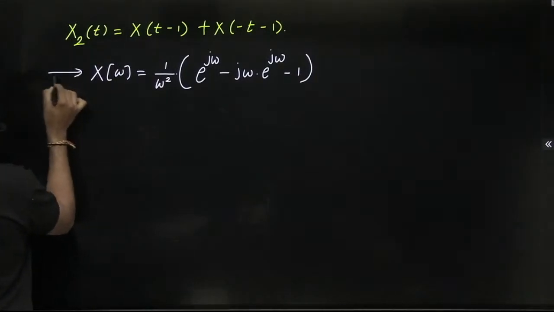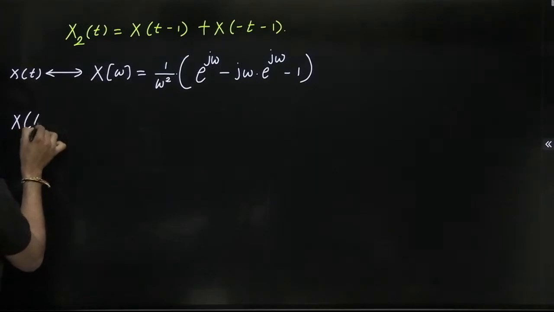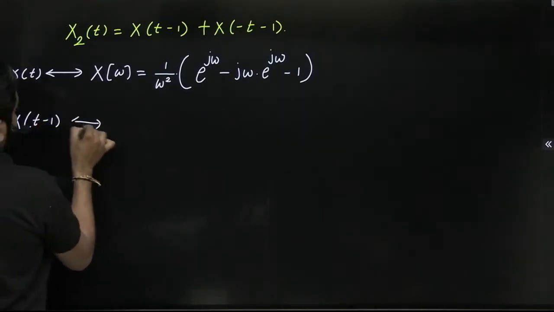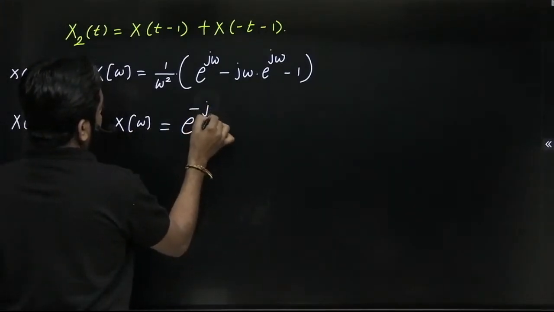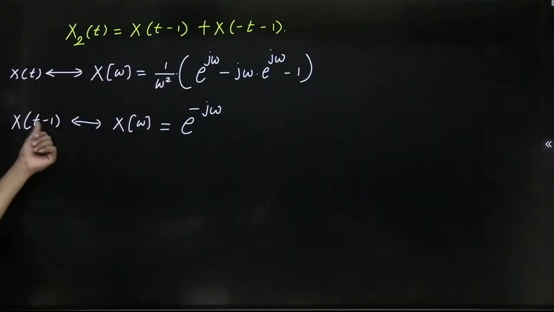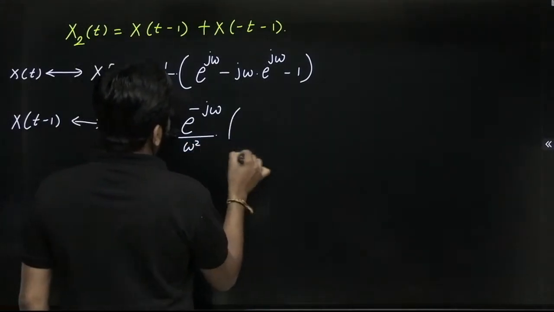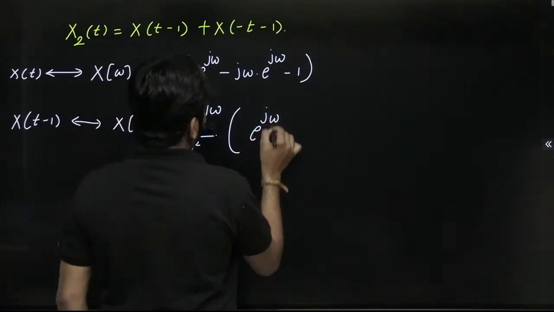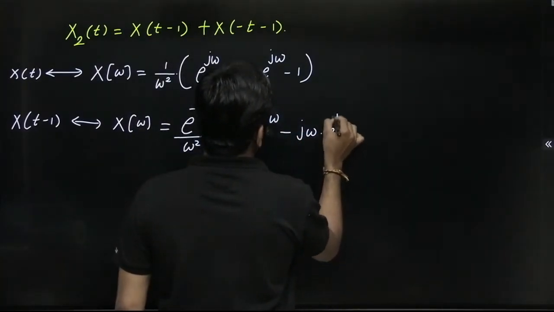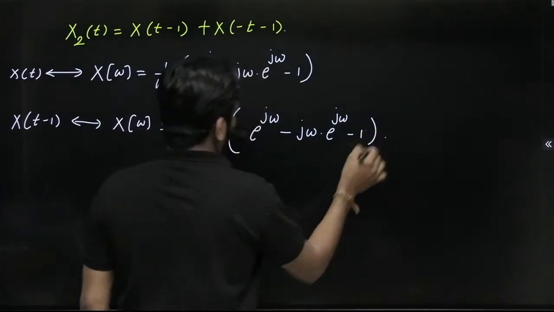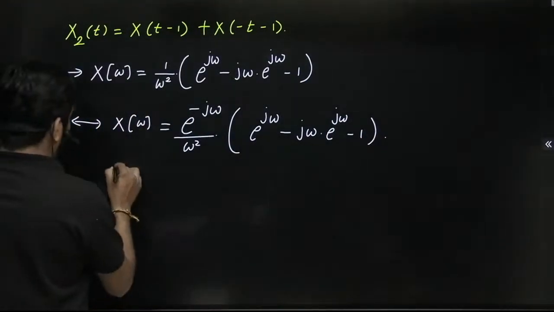It is the Fourier transform of x of t. Then what is the Fourier transform of x of t minus 1? So simply you have to multiply e power minus j omega, time shifting property, because of minus 1. So e power minus j omega divided by omega square into the bracket e to the power j omega minus j omega e power j omega minus 1, correct? So here it is.